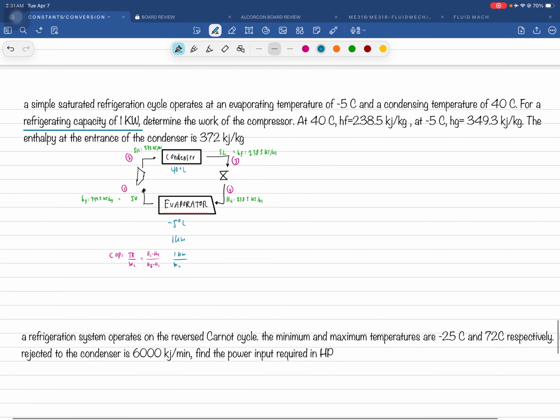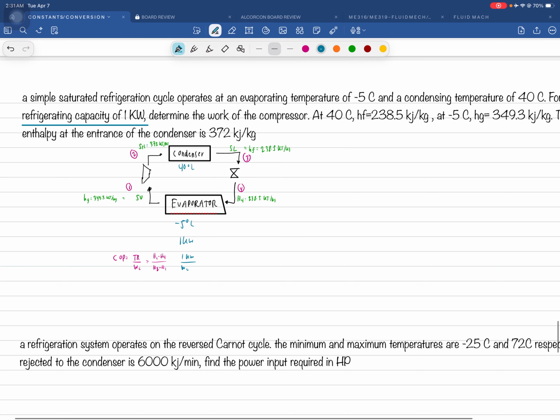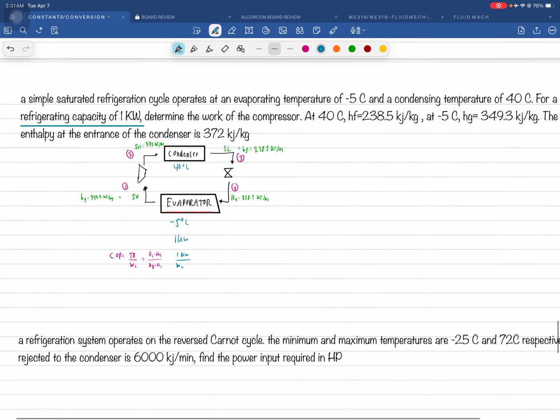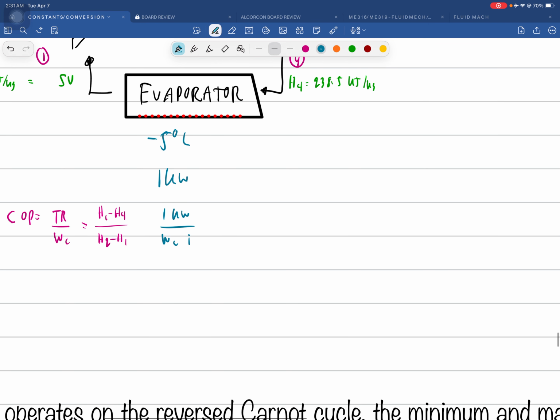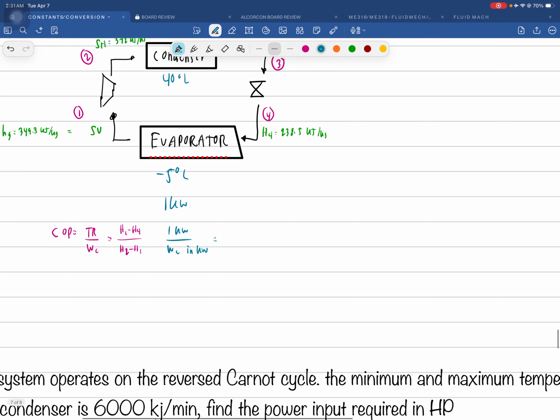Ano ba sabi niya? Walang sinabi kung ano, yung work compressor is in HP or kilowatts. So, assuming in kilowatts. Ano ba H1 ko? Remember, COP is dimensionless, no? Kasi it shows if either efficiency or the ratio between the refrigerating capacity over the work of the compressor.